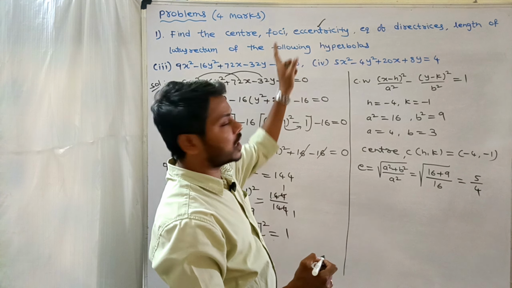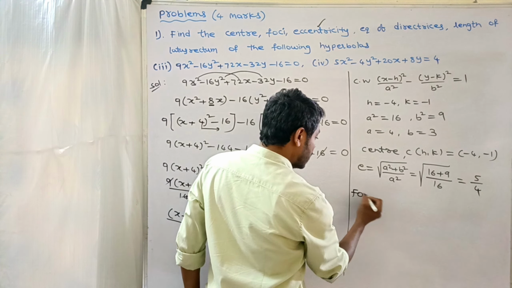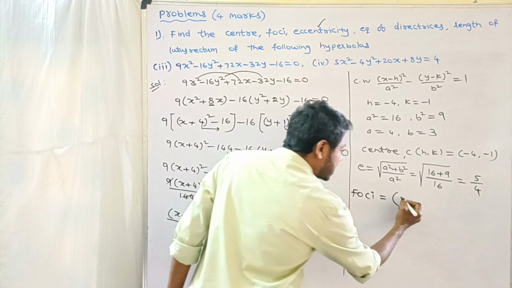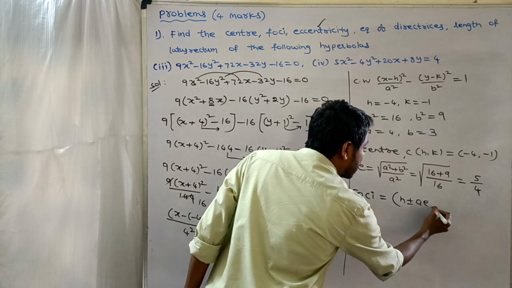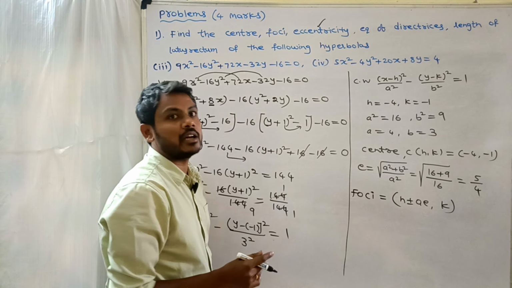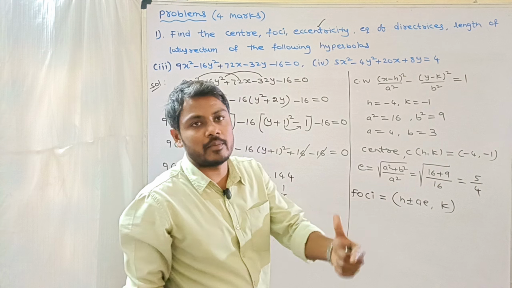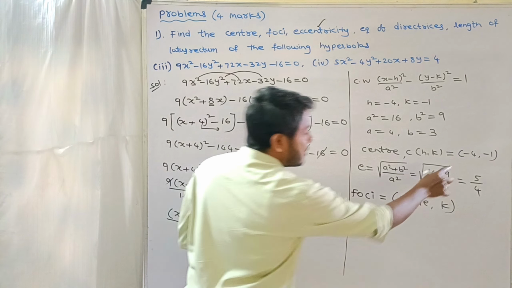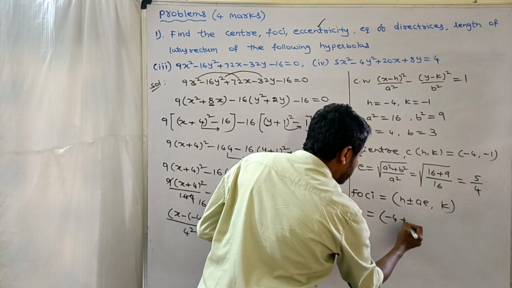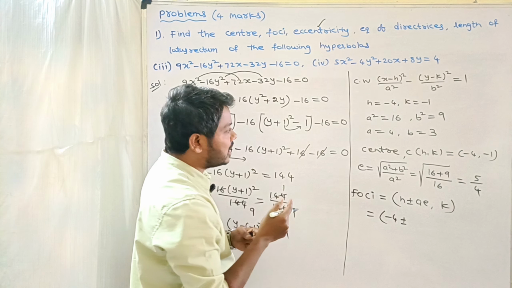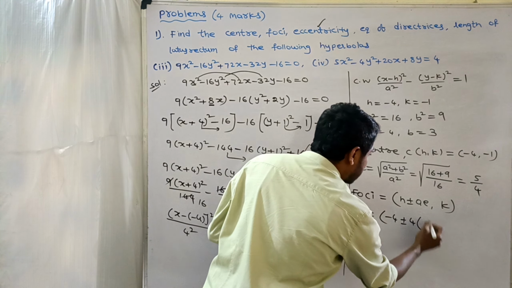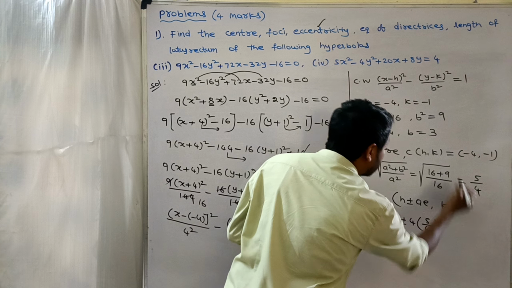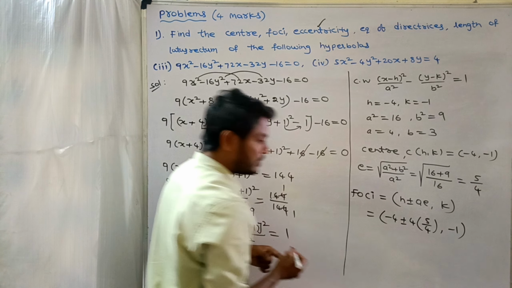Next you can find the foci. What is the foci formula? (h plus or minus ae, k), because the origin is shifted to some point (h, k). What is h? Minus 4 plus or minus a into e. The a value is 4 and the e value is 5 by 4, comma k. k is minus 1.